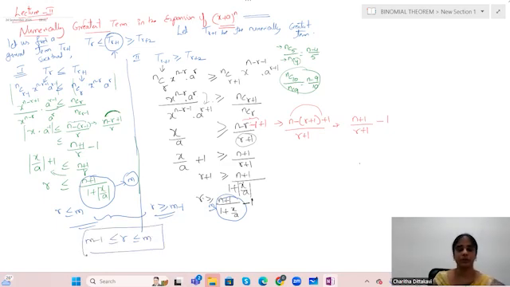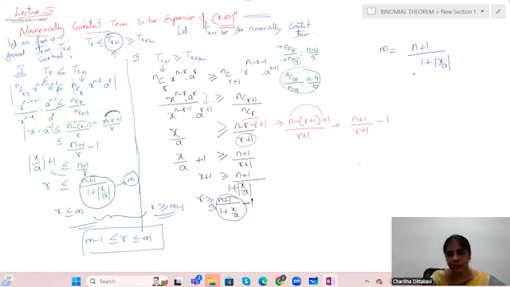So what did I conclude? My conclusion is the value m, which is the same as n plus 1 by 1 plus mod x by a, can be such that your r lies between m minus 1 and m. Now I don't know whether m is an integer or not.